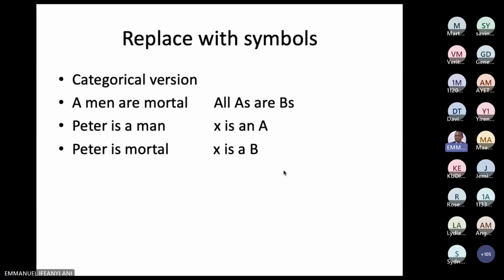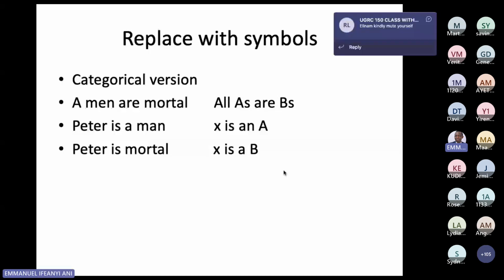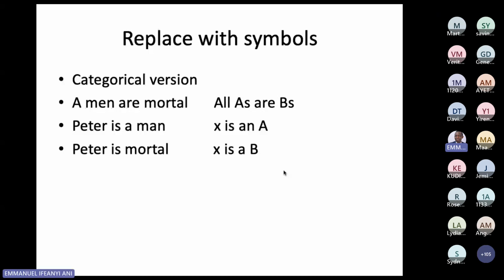All men are mortal. All A's are B's. Peter is a man. X is an A. Peter is mortal. X is a B. So we have three concepts: men, mortal, and Peter. We represent men with A, mortal with B, and Peter with X. So we're going to be working a lot with symbols, and when we work with symbols, we convert the symbols to words.